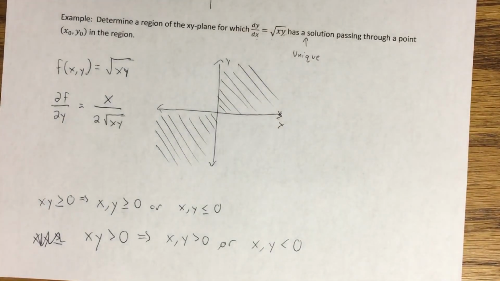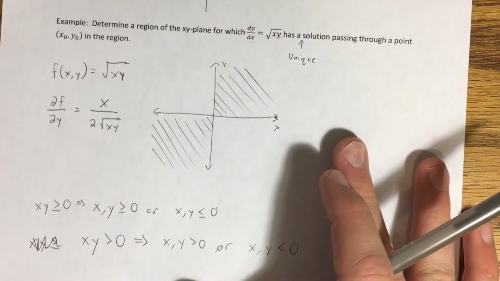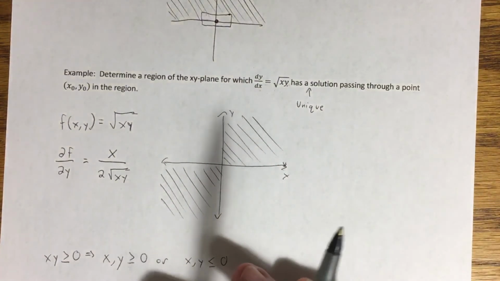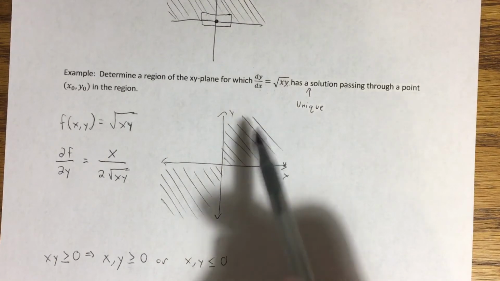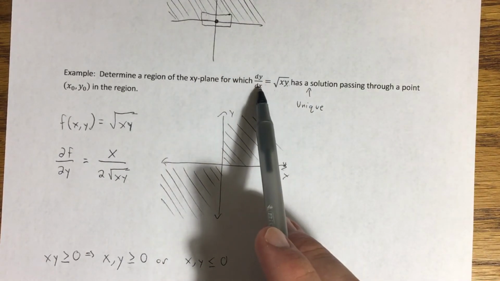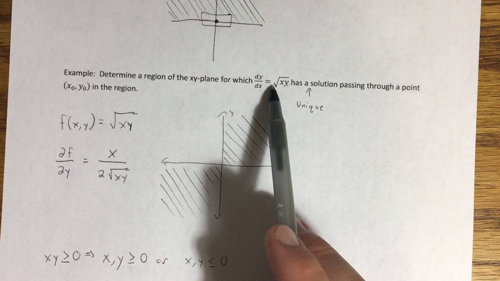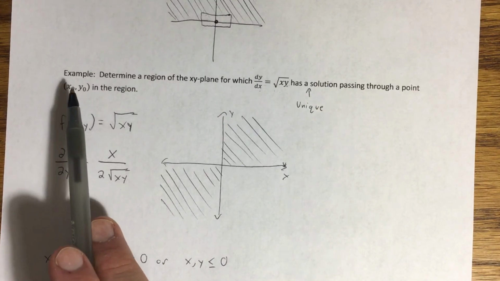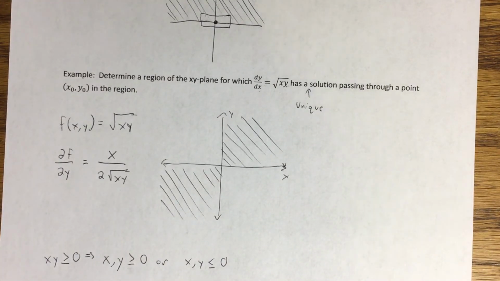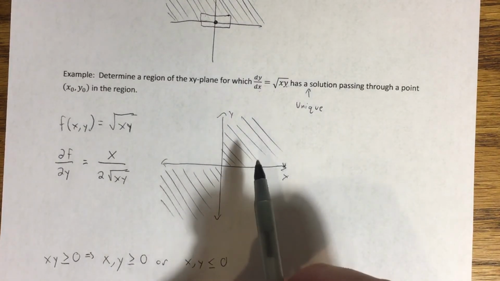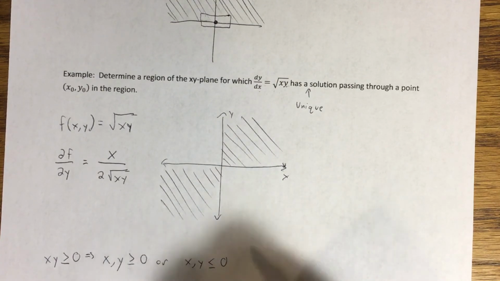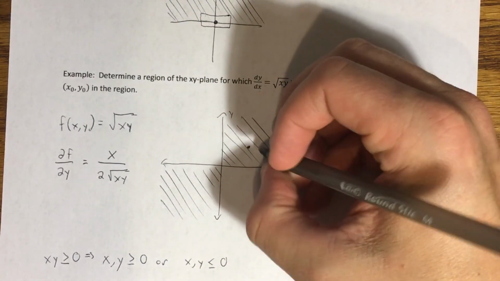Okay? So if we are going to have a guarantee, according to this theorem, of finding a unique solution to this differential equation for some point that's given as an initial condition, then that point is going to have to live in either the first quadrant or the third quadrant. So it could be here, for example.